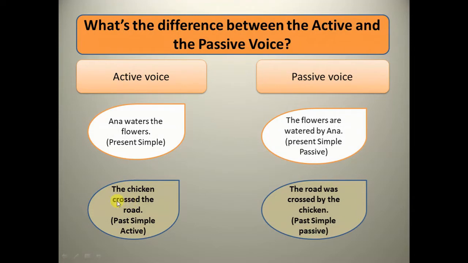This time this is in the past simple, and we take the verb be in the past simple, which is was, for the third person singular, and then this time we repeat the verb crossed, because it's a regular verb and it takes ed. So crossed, was crossed. And in the end, the agent, by the chicken. So who crossed the road? The chicken.